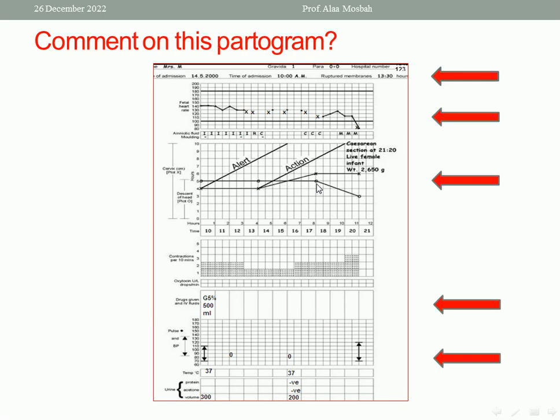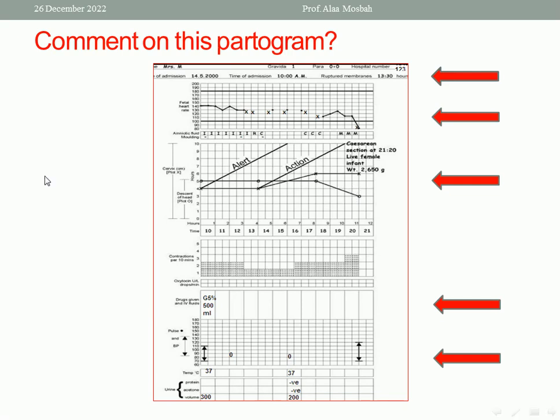After another 4 hours, what happened? There is no descent also, there is arrest. After another 4 hours, what happened? There is mild descent. So only 3/5 of the head is felt abdominally, also not engaged. Because we know that engagement happens when only 2/5 or less of the head is felt abdominally.